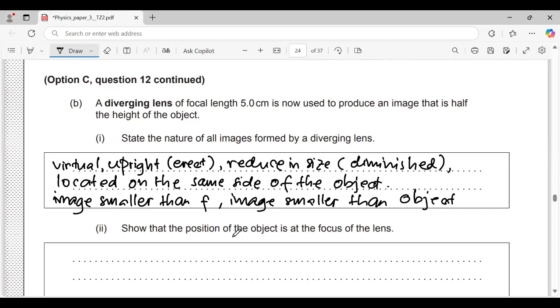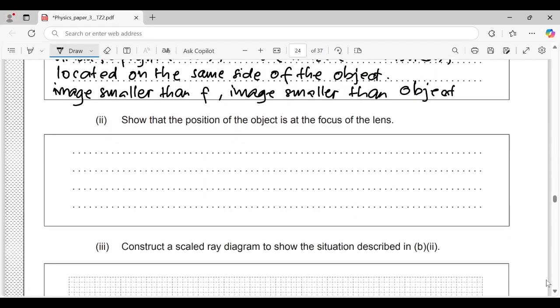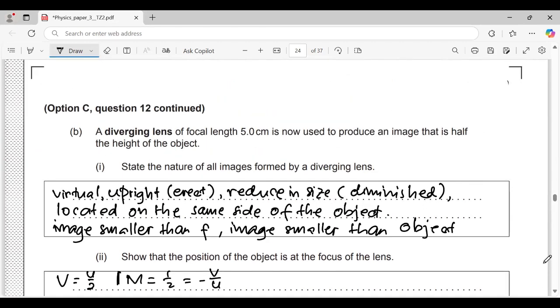Next. Show that the position of the object is at the focus of the lens. Now, we're going to substitute. The magnification m equals half, is equal to minus v over u, because this is the diverging lens.